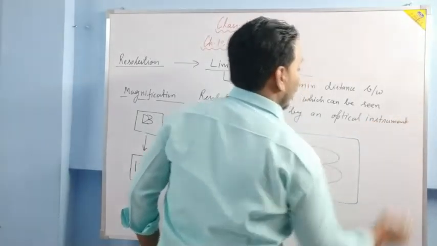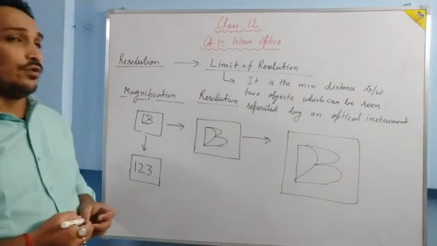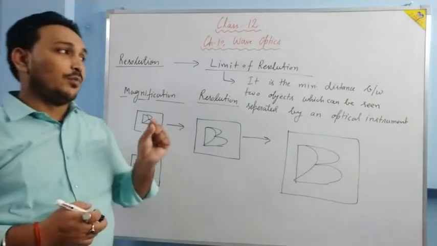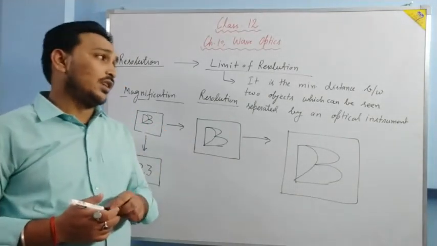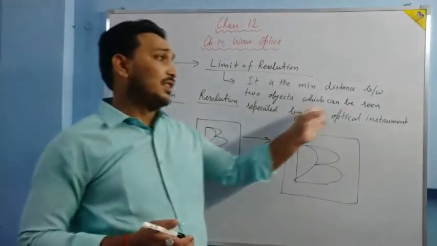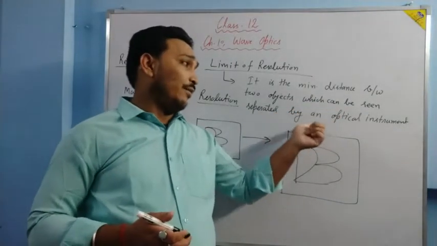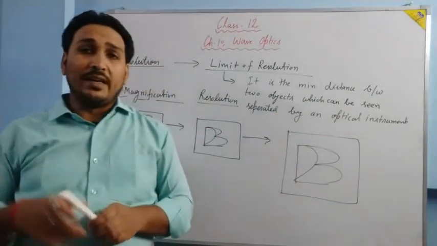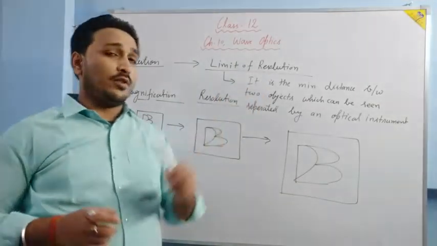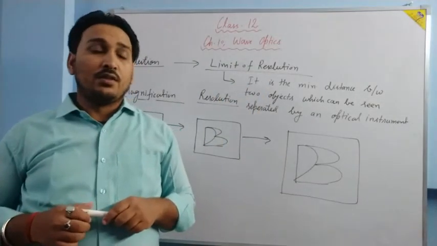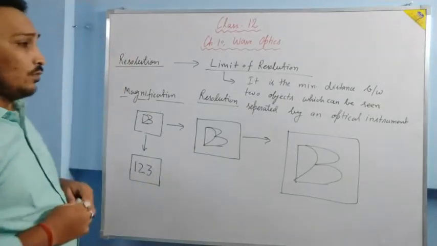So for different optical instruments, this limit of resolution is different. It is the minimum distance between two objects which can be seen separated by an optical instrument. That distance is called limit of resolution. Is it clear? So this is what the limit of resolution means.